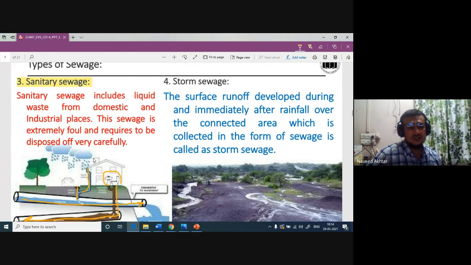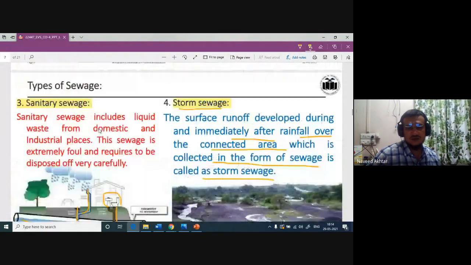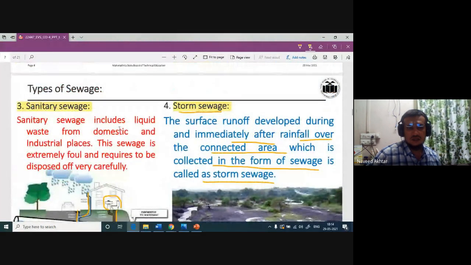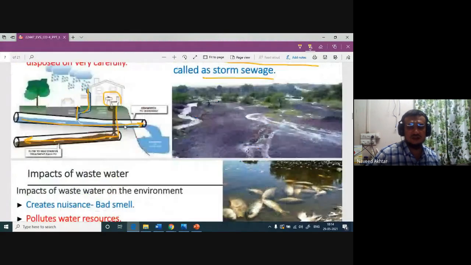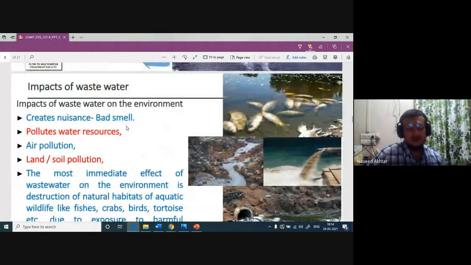So these are the sanitary wastage. And then storm sewage: when surface runoff develops during and immediately after rainfall over the connected area, and is collected in the form of sewage, it is called storm sewage. So this is the fourth type, the wastage from the runoff of rain.